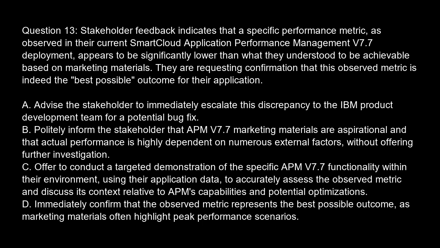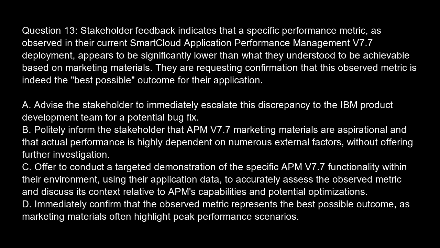Option A. Advise the stakeholder to immediately escalate this discrepancy to the IBM product development team for a potential bug fix. Option B. Politely inform the stakeholder that APM V7 marketing materials are aspirational and that actual performance is highly dependent on numerous external factors, without offering further investigation.